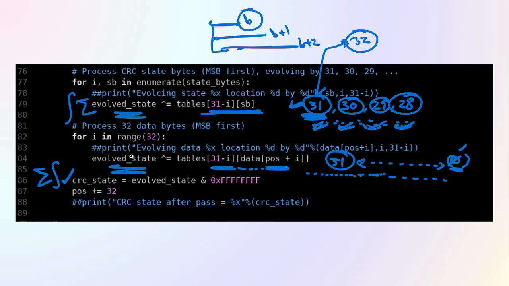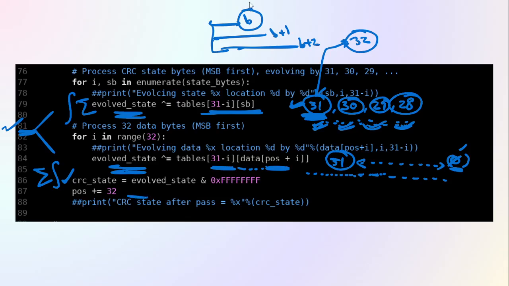You have to sum up every byte of the CRC state and every byte of the data state. You have to evolve every single byte by every possible bit that has come in, and then you sum them up, and that's how you get to the final result. This is the magic of CRC. Once you understand this, you understand that the sum of parts is exactly equal to the CRC at the end of it.